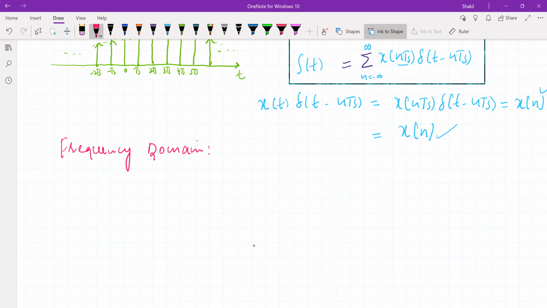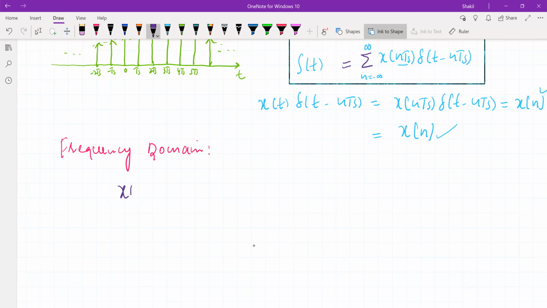So when you multiply x of t with p of t, we obtain s of t. In the earlier session, I said if two signals are multiplied in one domain, they will be convolved in the other domain.